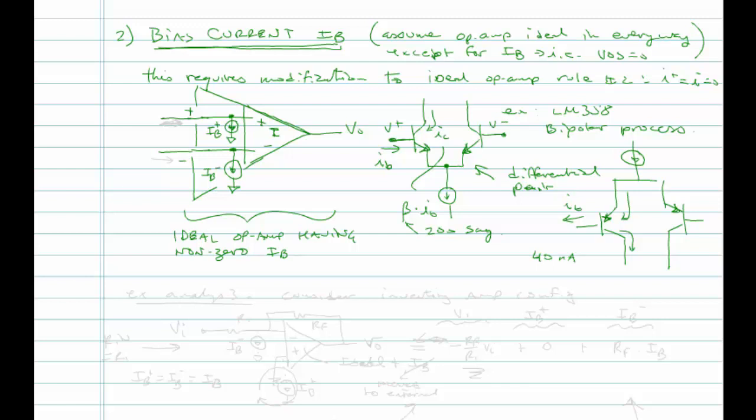It could be either, and your circuit modifications will have to accommodate whether it's a positive or negative bias current. The nice thing is that if the bias current is going in on the non-inverting input, then it also is going to go in on the inverting input.